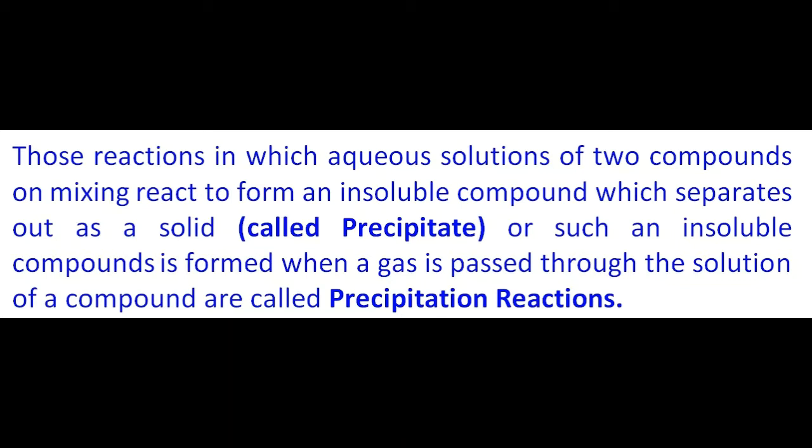The solid portion is called the precipitate, and such a reaction is called a precipitation reaction. But there is another way of describing a precipitation reaction, that is, an insoluble compound is formed when a gas is passed through the solution of a compound. Gas passing through an aqueous solution of another compound and forming precipitates is also another type of precipitation reaction.